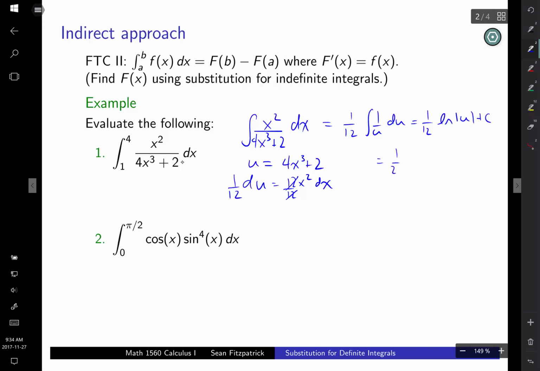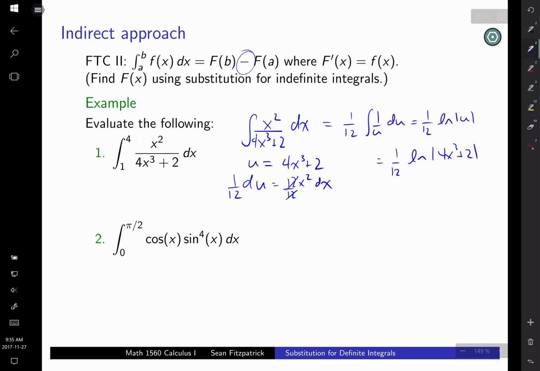So I get 1 over 12 times the natural log, absolute value, of 4x cubed plus 2, plus c. But any antiderivative will do, so we don't actually need the plus c if we know we're going to go on and do a definite integral, because we're going to be plugging in numbers anyway, and it's going to cancel out when we subtract, right?